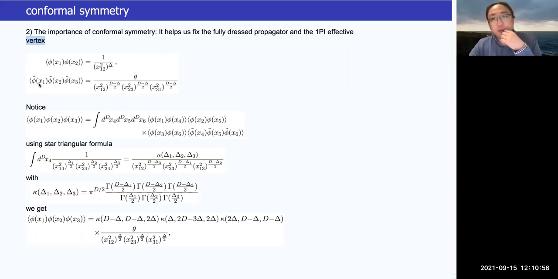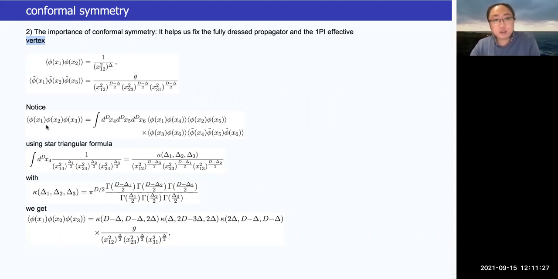The 3-point function of the shadow field is basically the 1PI effective vertex. This is because you can do this calculation by attaching one-particle external legs onto this 1PI vertex. You perform this integration using the symmetric star-triangle formula. In the end, you get that your 3-point correlators look like the usual correlators we are more familiar with, with some constants in front.